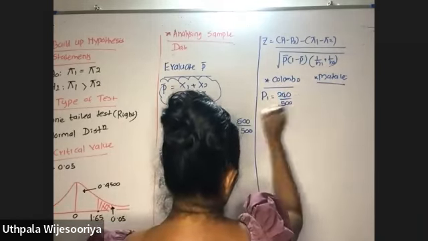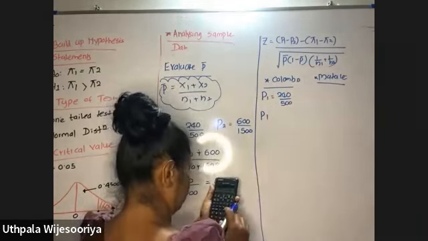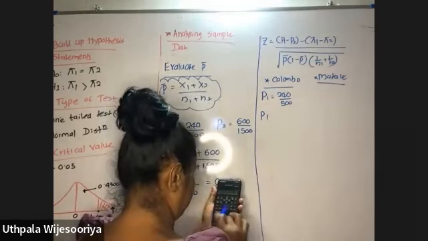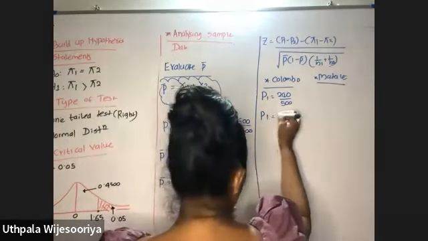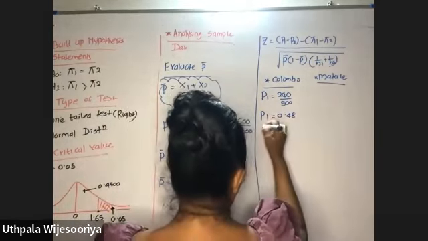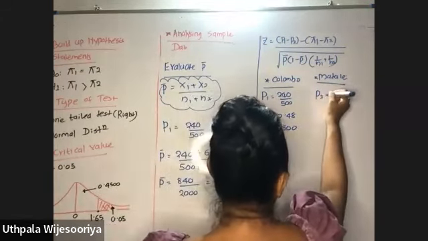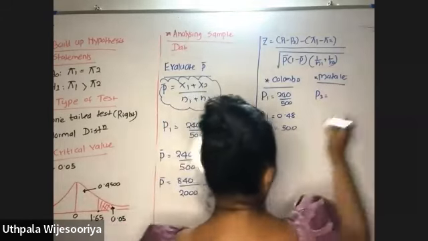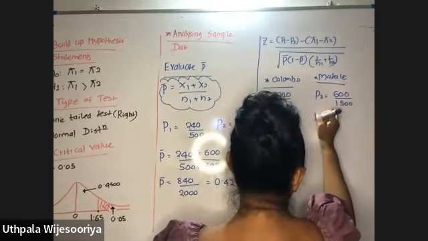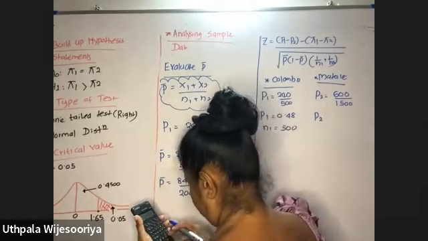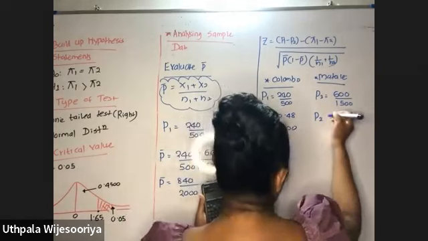Make this a decimal: 0.48. N1 is 500. P2 is 600 over 1500, which is 0.4.